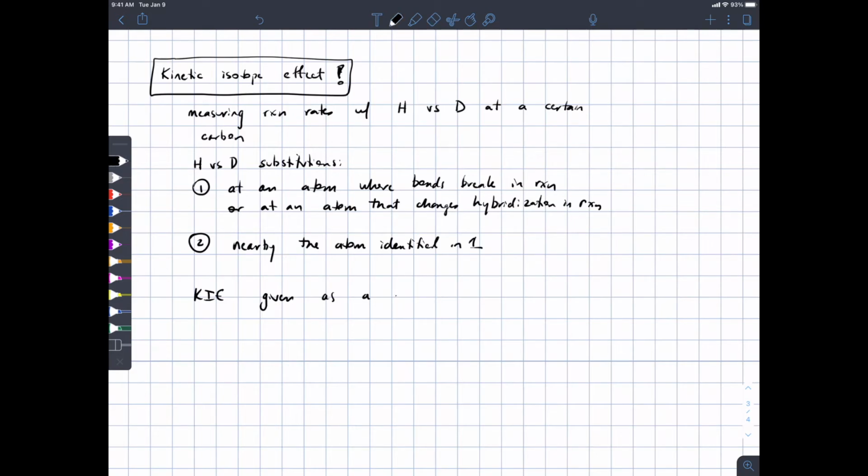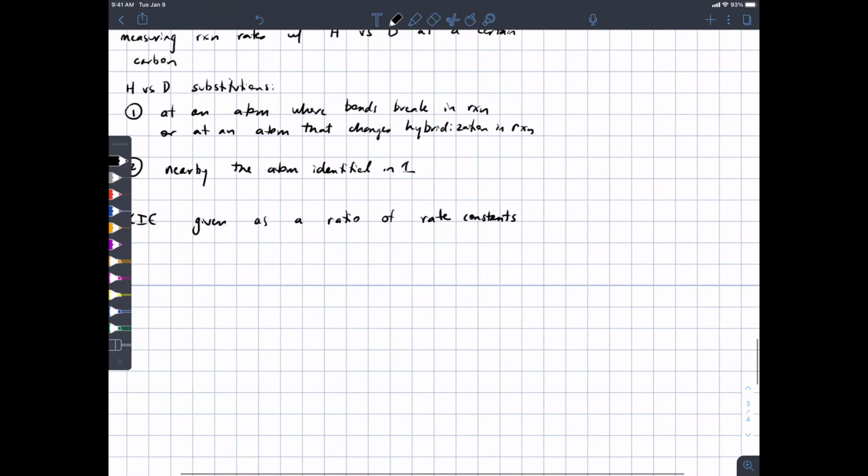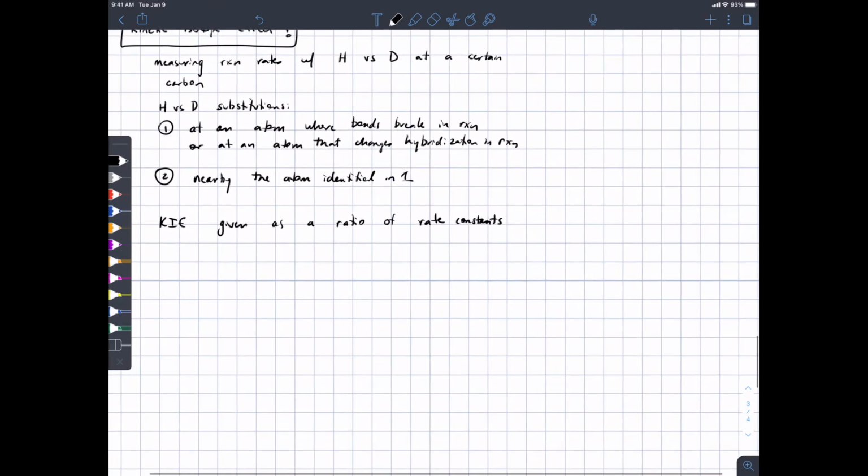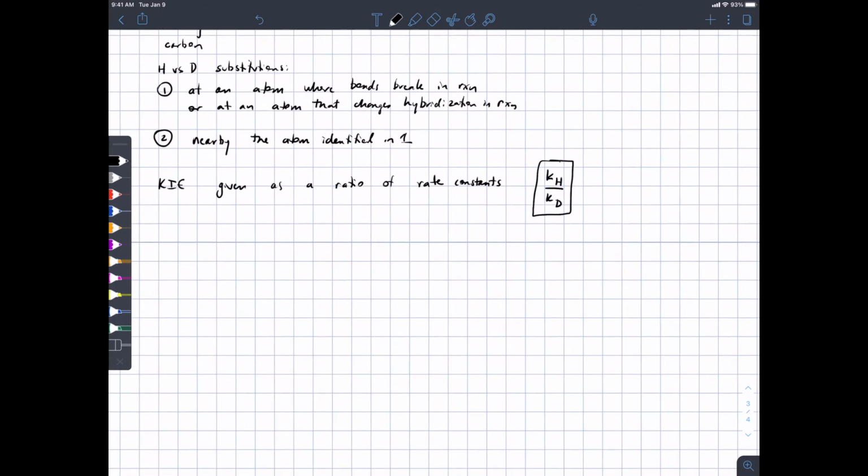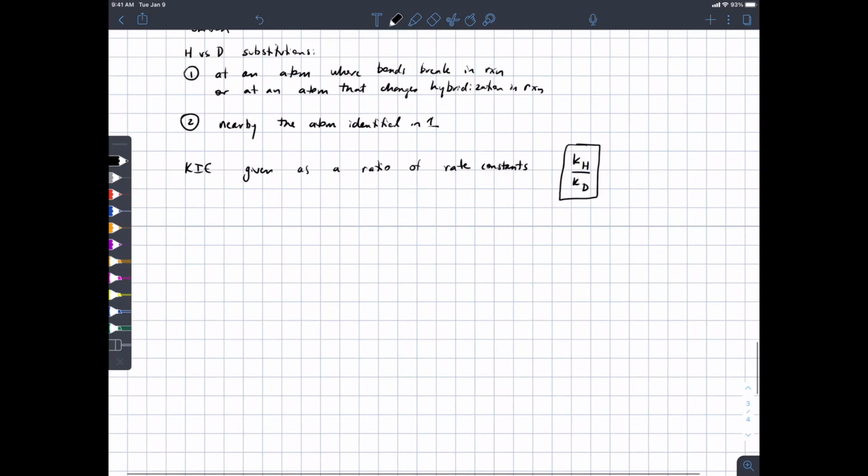So you'll measure a rate constant for a reaction with hydrogen, either at position 1 or position 2, and then you'll measure that same rate constant with deuterium at either position 1 or position 2, and then you will divide the rate constants, and it's generally given, it doesn't have to be this way, but this is generally how we say hydrogen rate constant over deuterium rate constant. Okay? And what does this number tell you?